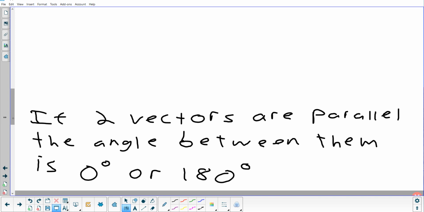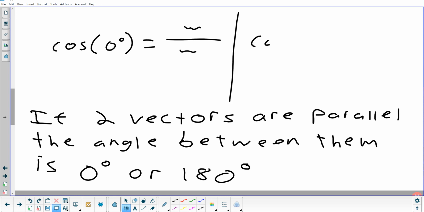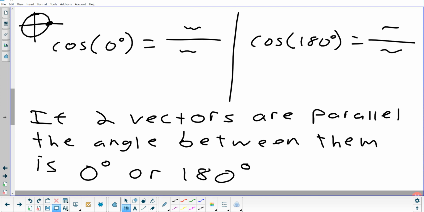Let's set each of those up in our formula and see what happens. Cosine of 0 equals, you'd have a fraction, cosine of 180. All right, let's start with cosine of 0. What's the cosine of 0? 1. So if the angle between two vectors is 0, and you fill it in for your cosine, that means the left-hand side would have to come out to a 1.